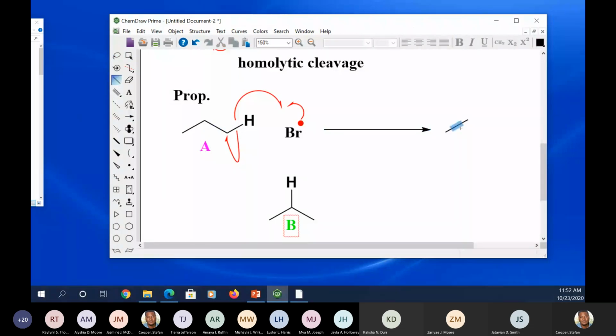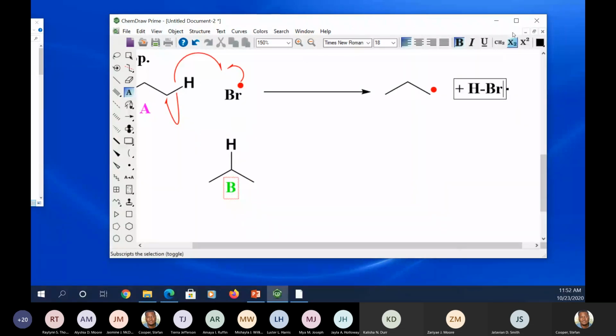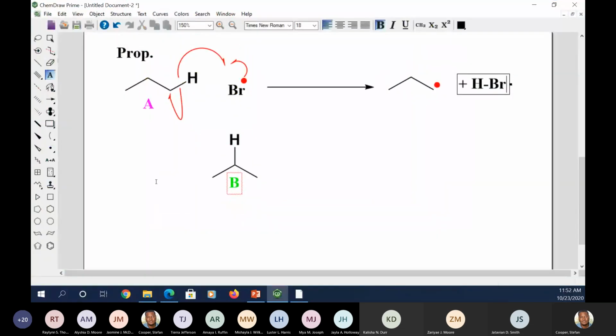So now I form this compound here. And now it puts a radical there plus HBr. Okay. Everybody getting somewhat comfortable with that?